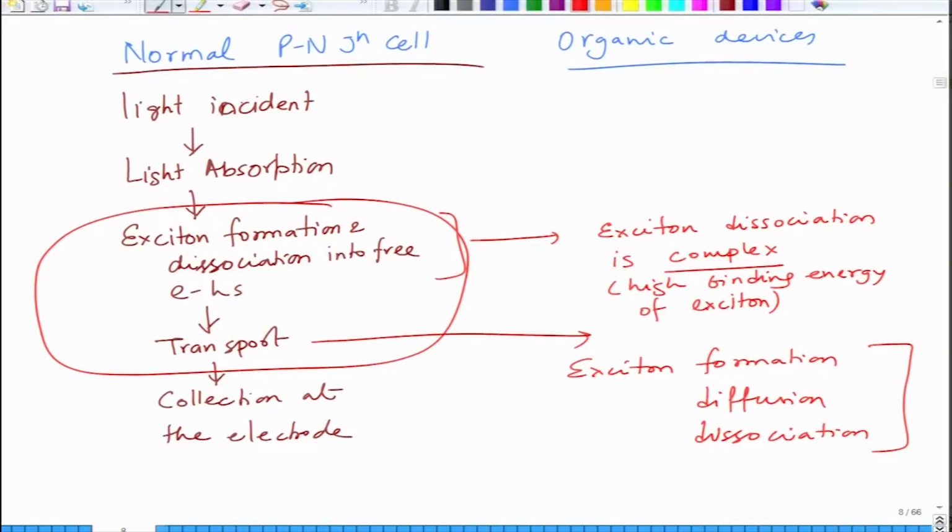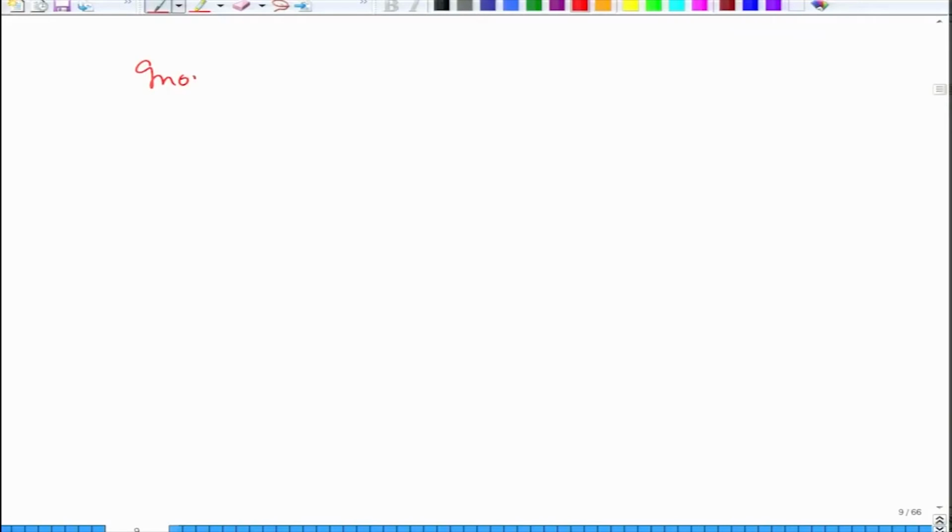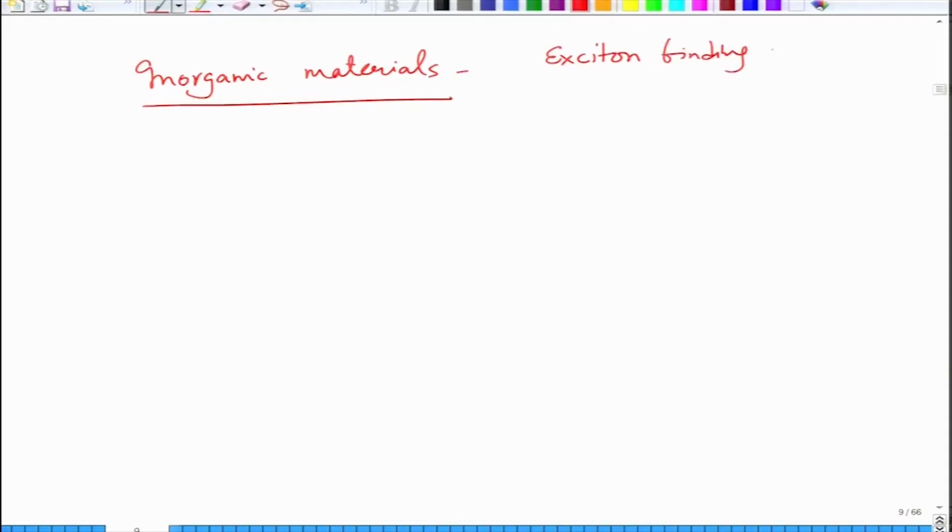The exciton binding energy in the case of inorganic solar cells is of the order of kT, so they get dissociated very easily using thermal energy.